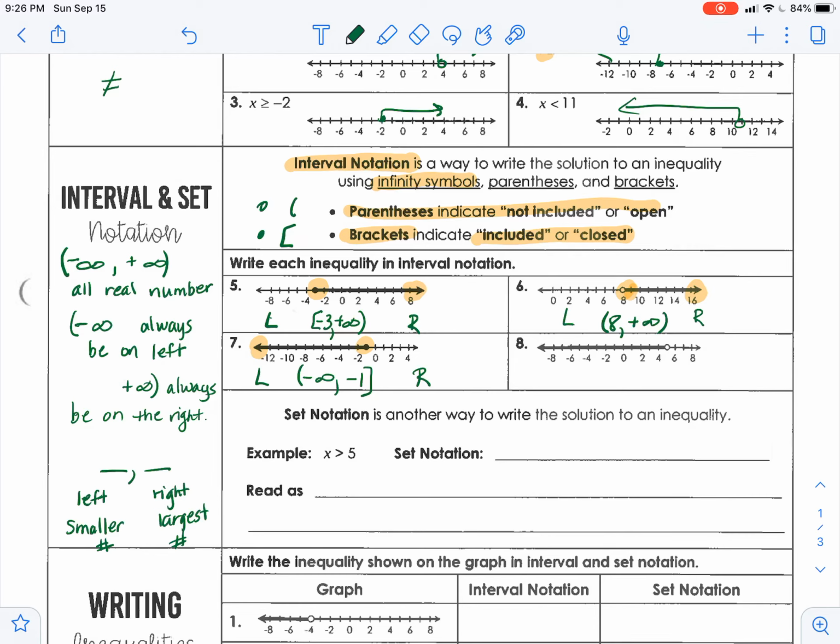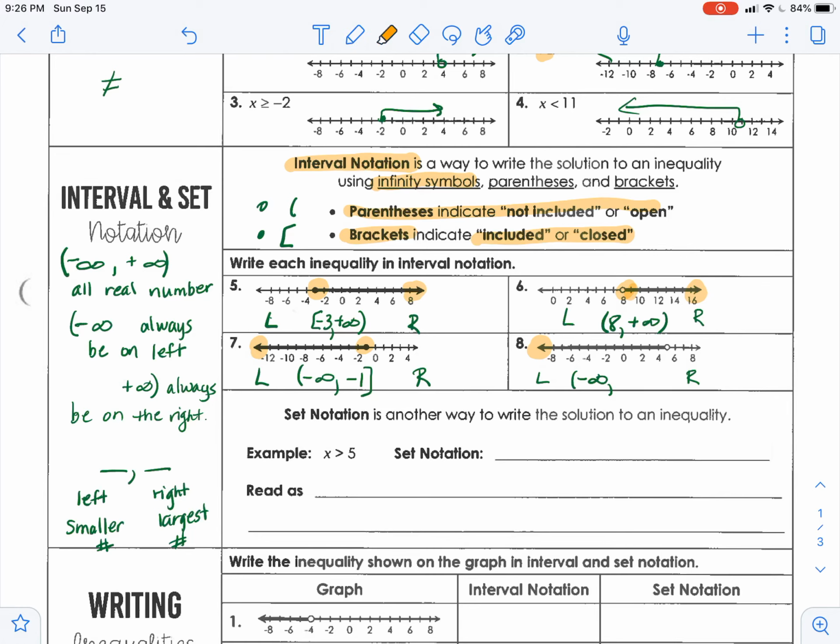Okay, let's try one more. Again, you don't have to put the word left and right on there. I'm putting it on there to show you how we look at it. And so when I'm talking to y'all, I'll always say what's on the left and what's on the right. So on my left here, I have, again, it is going to a negative infinity, parenthesis all the time there.